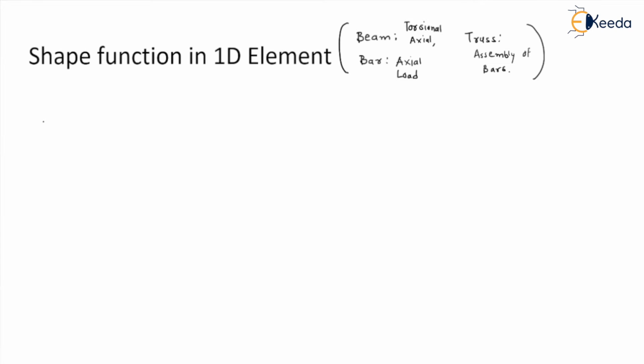For example, this is my 1D element which is having two nodes, node number 1 and node number 2. Now I can find the field variable.